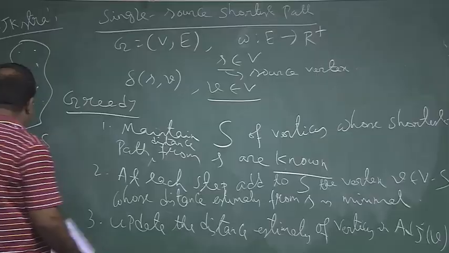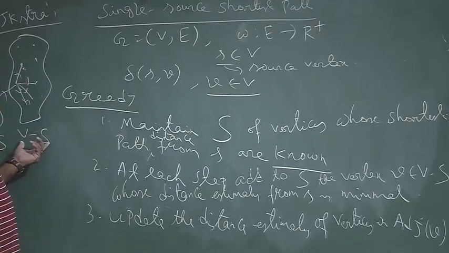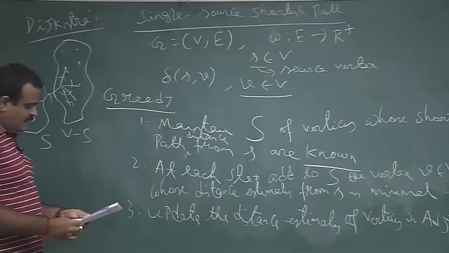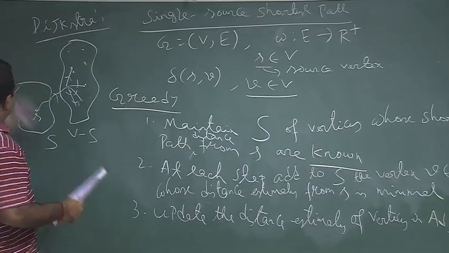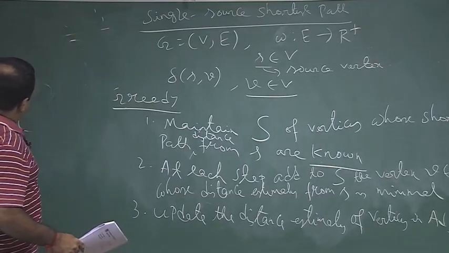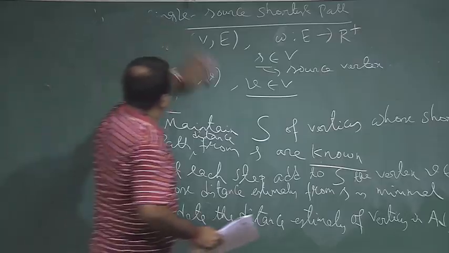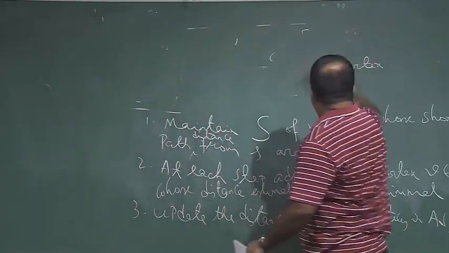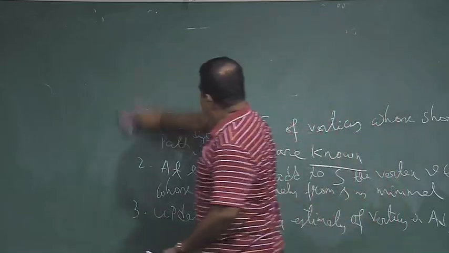We continue this until V minus S becomes empty, that is, everything is in S. So, let us write the code. This is a greedy choice, since we always take the minimum. That is the greedy approach.